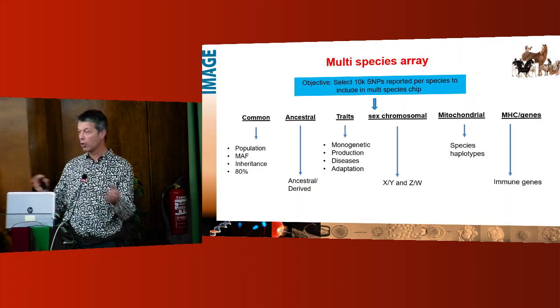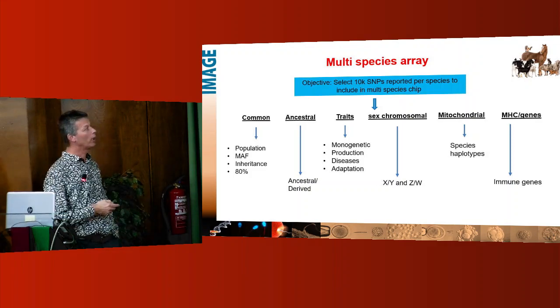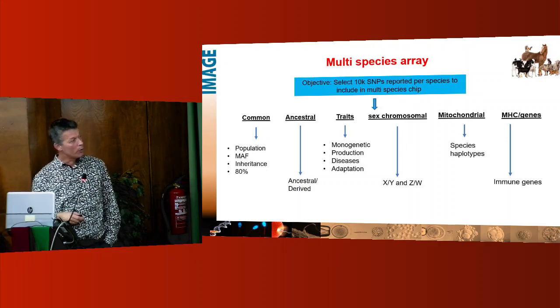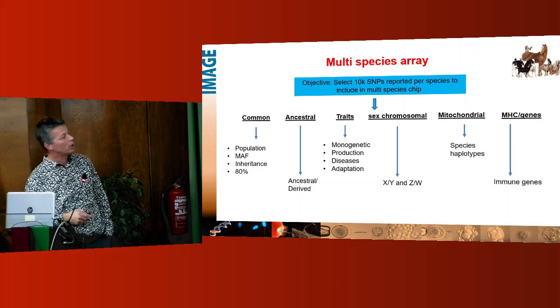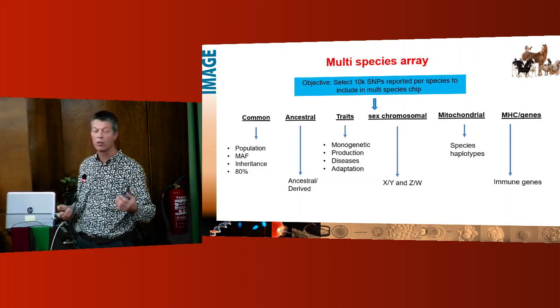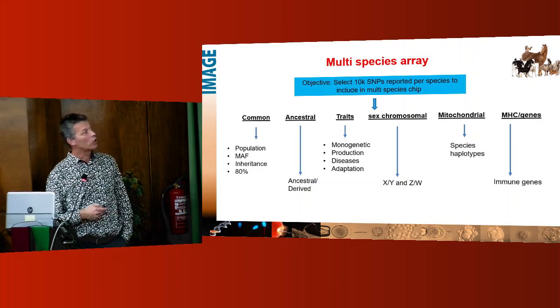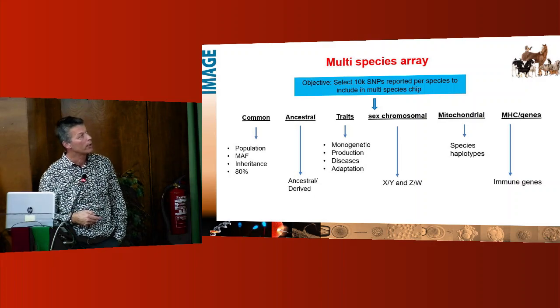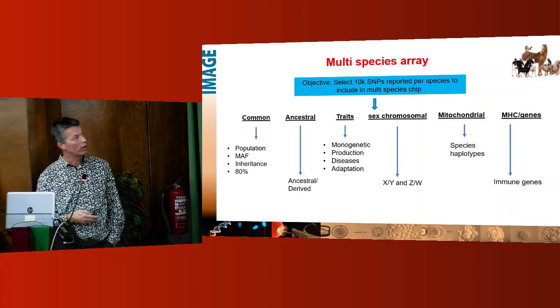There will be inheritance panels, so you can use it for all kinds of things. We have ancestral SNPs in there, so that we can distinguish between ancestral and derived alleles. And in some cases, I will show some examples of how we did this for a few of the species we included.